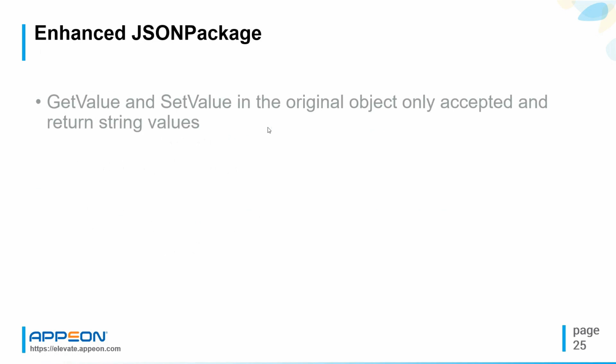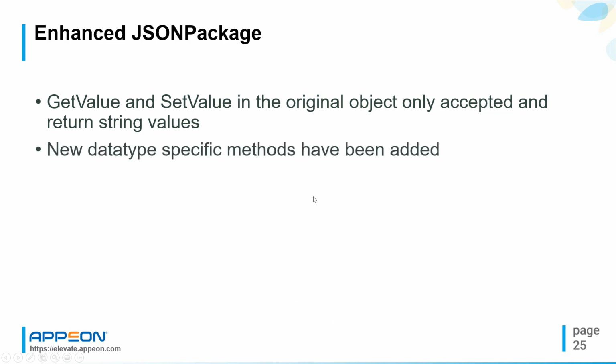And then finally we got the JSON package. When you were originally working with the JSON Packager, you could only send in strings, JSON strings, to the packager, and retrieve the JSON as a string. That's been changed.